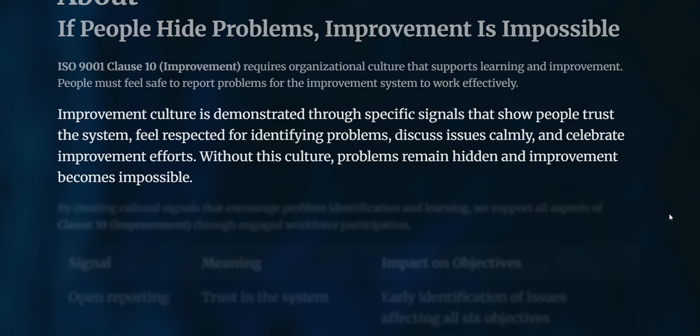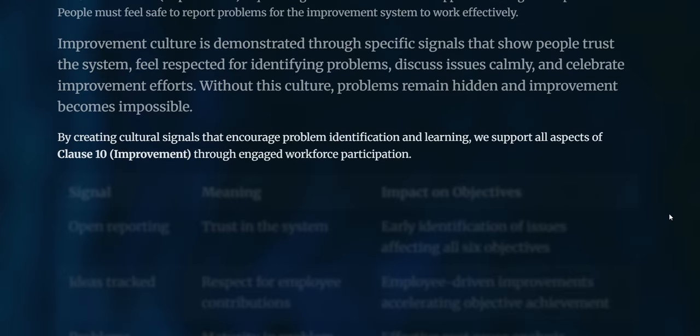Without this culture, problems remain hidden and improvement becomes impossible. By creating culture signals that encourage problem identification and learning, we support all aspects of Clause 10 improvement through engaged workforce participation.